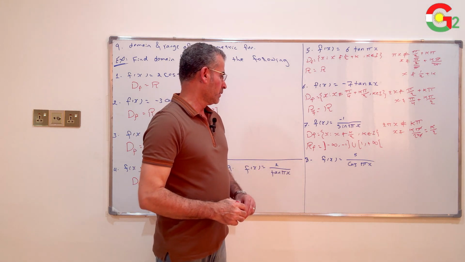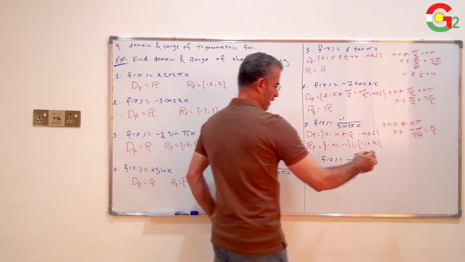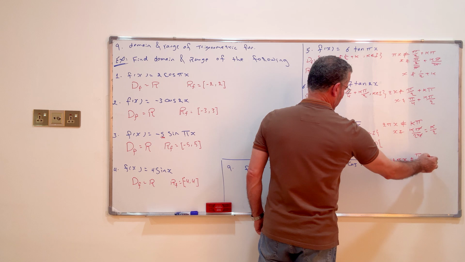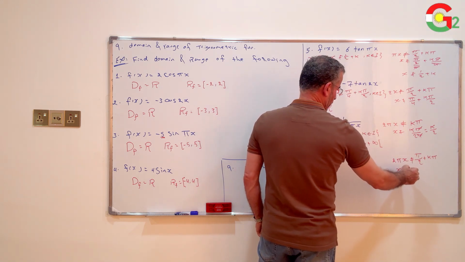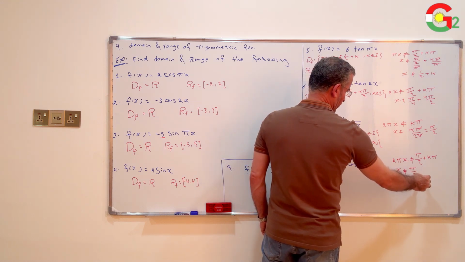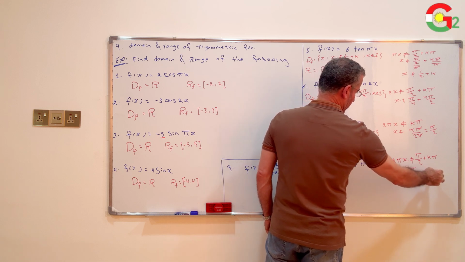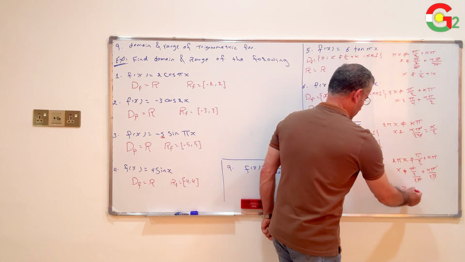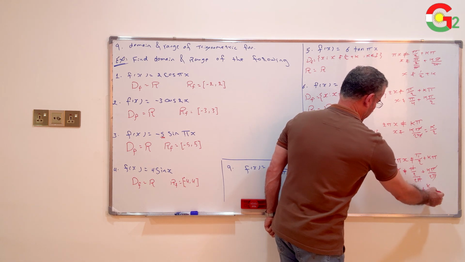Number 8, f of x equal 5 over cosine 2 pi x. For the domain, I'll set 2 pi x not equal to pi over 2 plus k pi, and find the value of x. x not equal to pi over 2 divided by 2 pi plus k pi divided by 2 pi. The answer is x not equal to 1 over 4 plus k over 2.